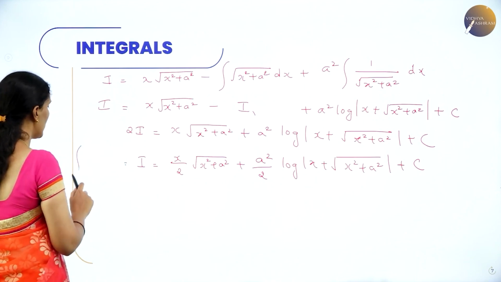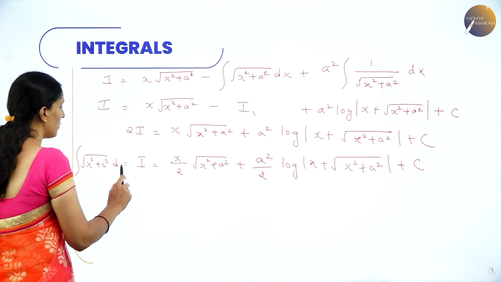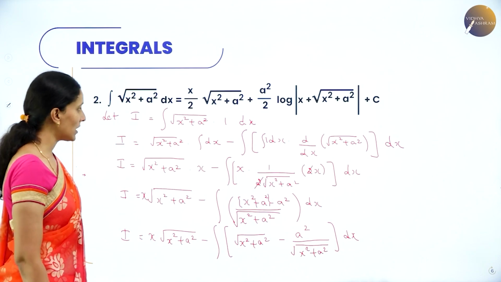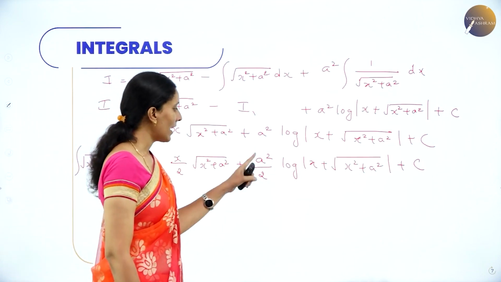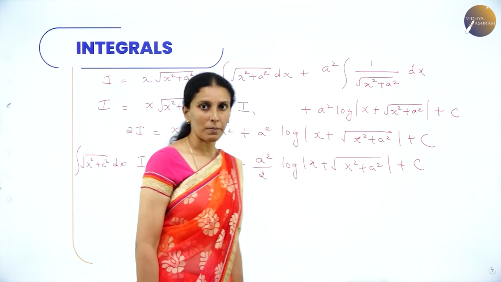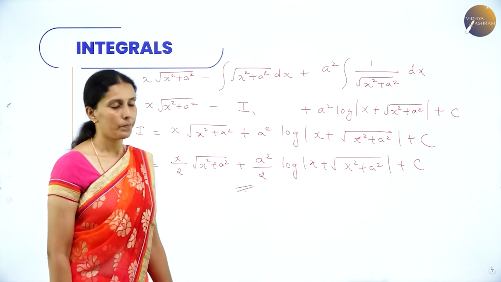I we have taken as integration of root of x square plus a square with respect to x. Hence, the integral of root of x square plus a square can be written as x by 2 root of x square plus a square plus a square by 2 log of x plus root of x square plus a square. So, this is the standard integral.